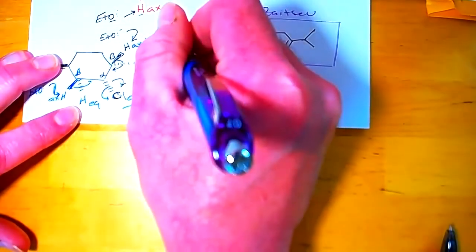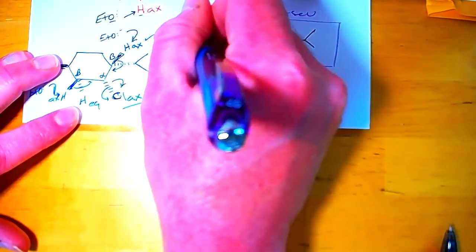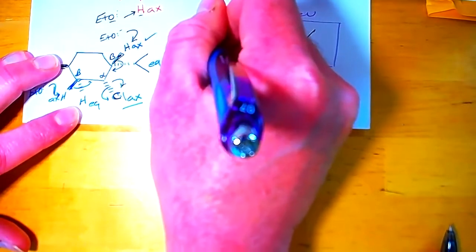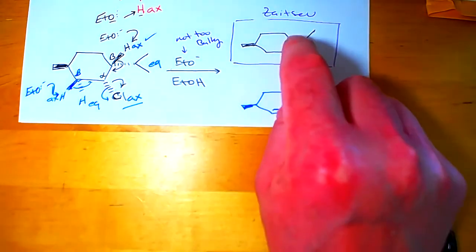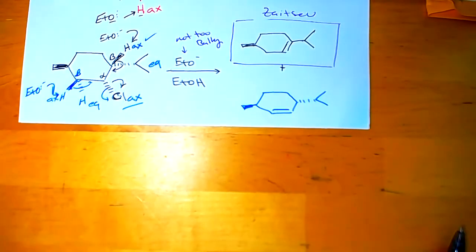And this base here is not too bulky. It's not tert-butoxide. That's a primary alcohol that produced that, so that's not too terribly bulky. So you would predict the Zaitsev product, or the more substituted alkene, would be the major product in this case.